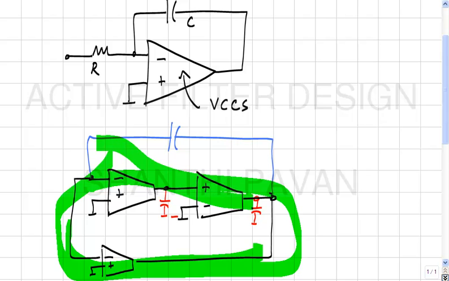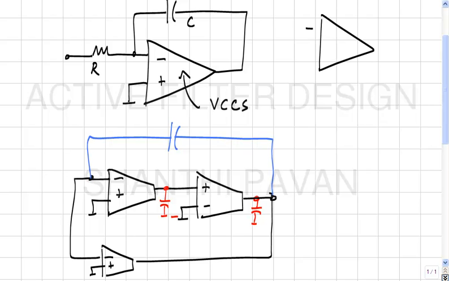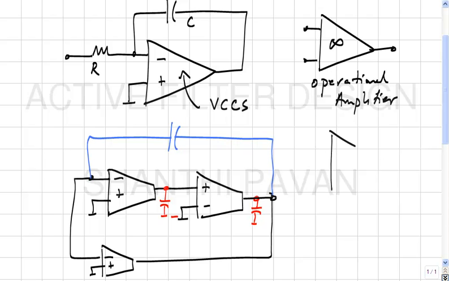opamp or an OTA. I mean, anyway, I don't know if I mentioned this the other day, but just like how a voltage controlled voltage source with an infinite gain is called an operational amplifier, similarly, a voltage controlled current source with GM tending to infinity, normally it would be called a transconductance amplifier or a transconductor.